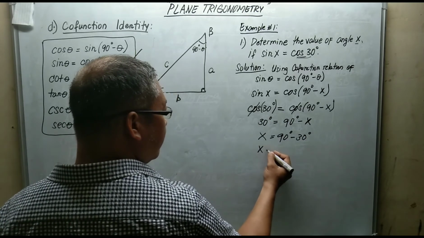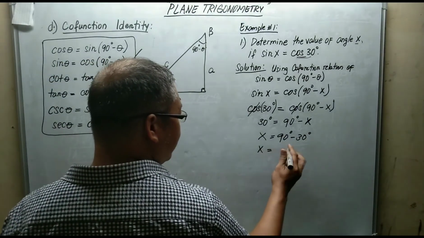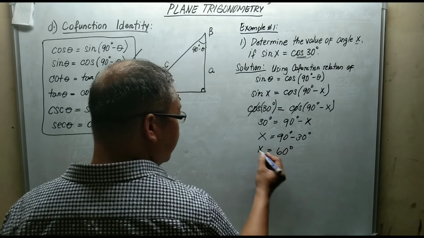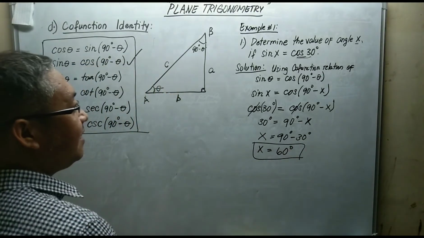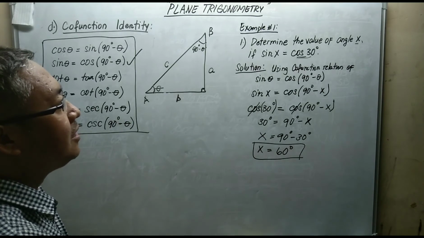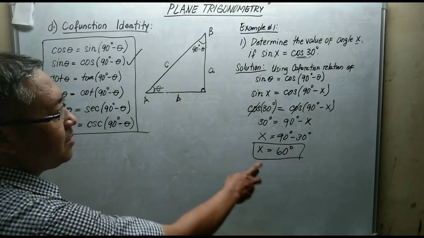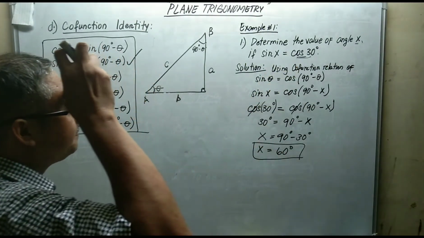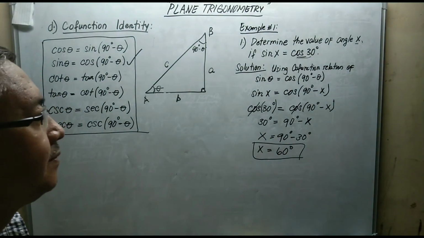So x is equal to, how much, guys? 90 minus 30 degrees is equal to 60 degrees. Okay. So this is the answer for this problem. How much is the value of angle x in terms of degrees? So there are 60 degrees. Okay. Right?